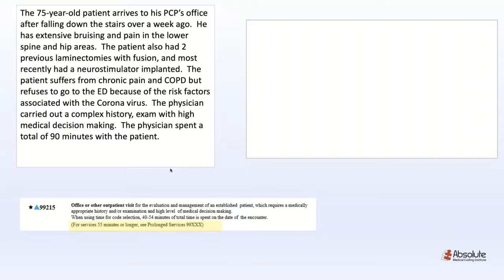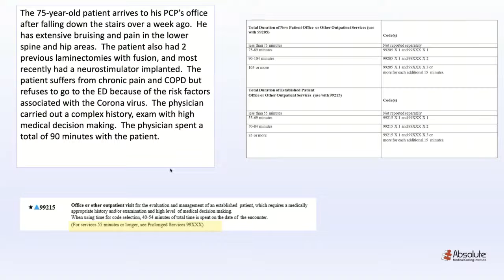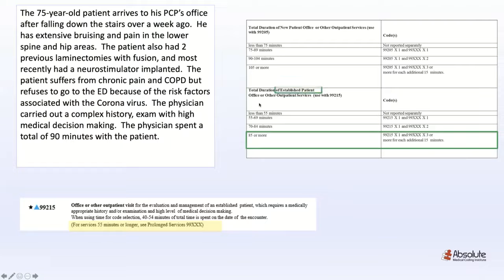So let's go ahead and look at the prolonged services chart, and let's go to the appropriate section of the chart, which is established patient, correct? Yes, this is an established patient because they say that this is the 75-year-old's PCP. So this patient has a relationship with this physician.